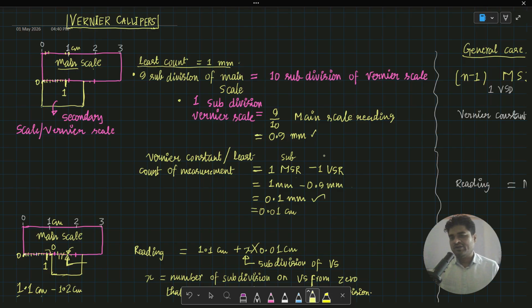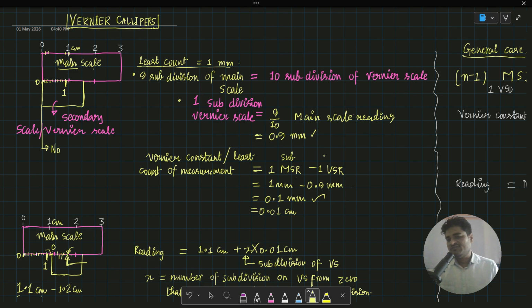They are joined together, and when there is no object, both zeros are aligned, and when both zeros are aligned we say that there is no zero error.